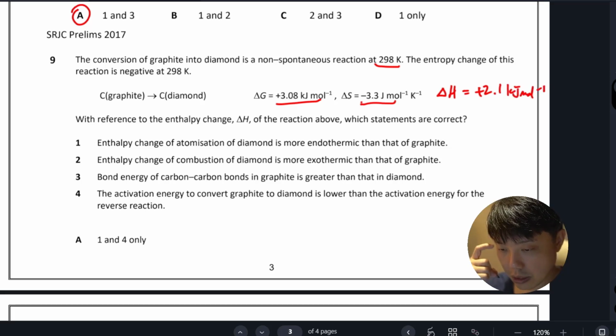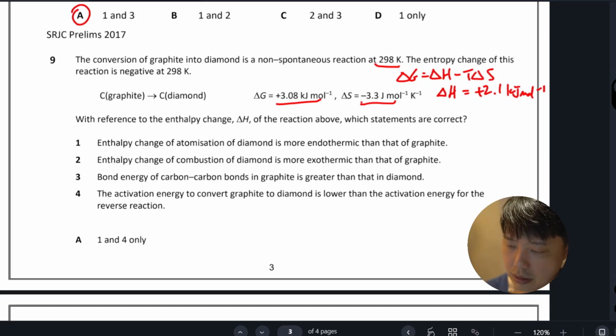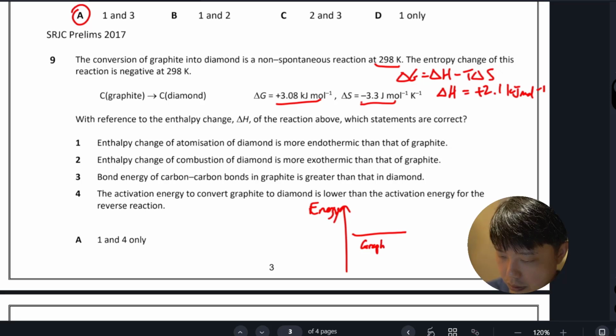This we can calculate from the formula Gibbs free energy equals delta H minus T delta S. Once we have calculated delta H, we can put it in an energy level diagram. So your graphite is lower energy when compared to diamond.